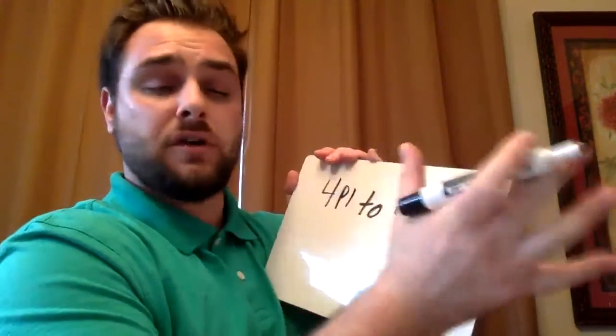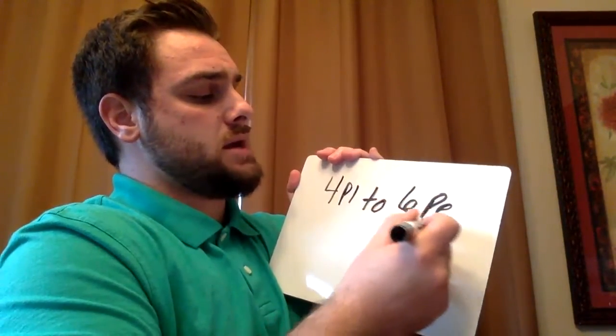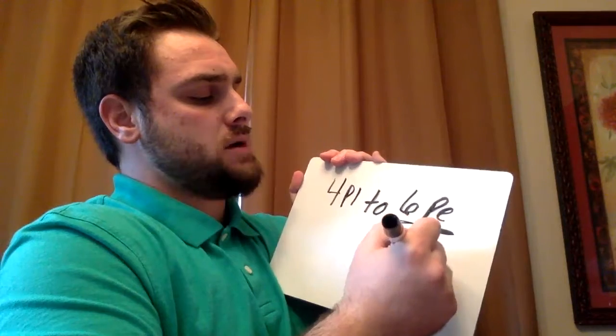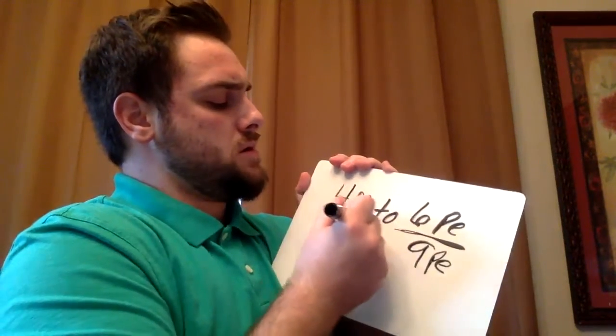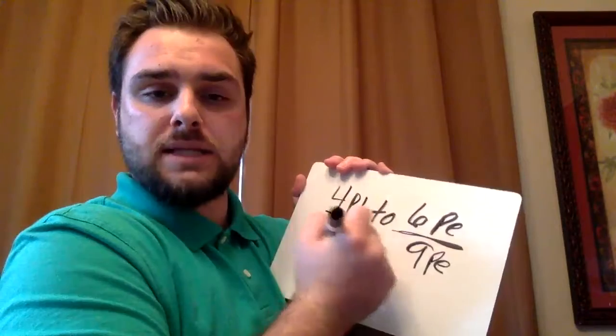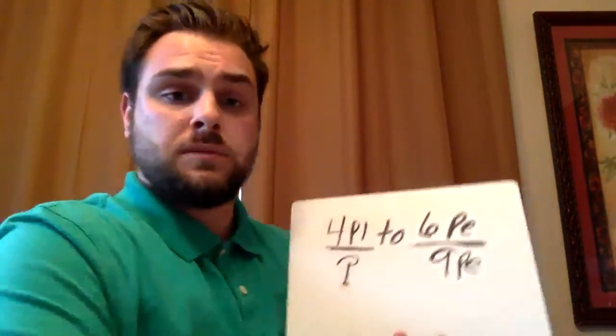So we draw our line here. We have now 9 people. We don't know how many plants yet, so this can just be a question mark, or you could put an X there, just like when we did our algebra problems earlier in this year.